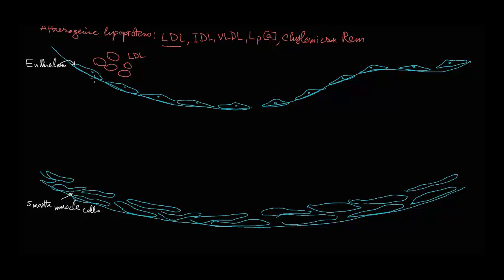Then many factors contribute to changing the properties of the endothelial lining of blood vessels, so that this contributes to the accumulation of lipoprotein particles in the intima. This is the tunica intima of the blood vessel, and this is influenced by different factors, including some hemodynamic factors like hypertension, for example.